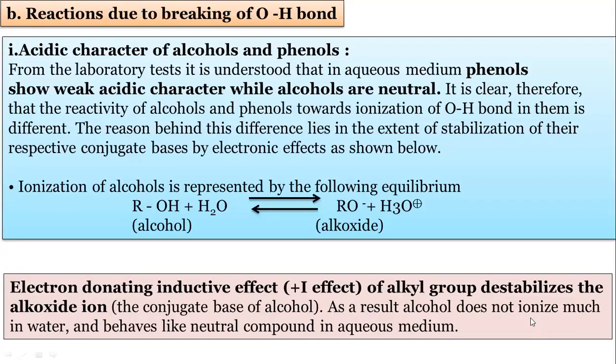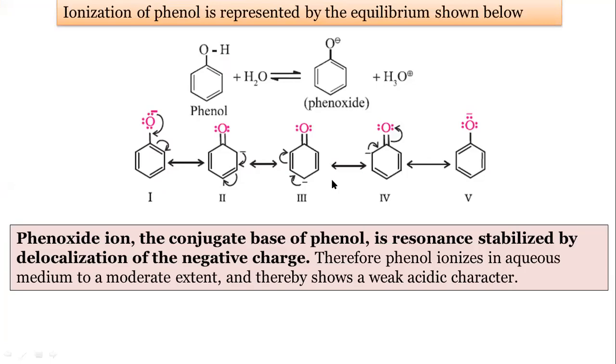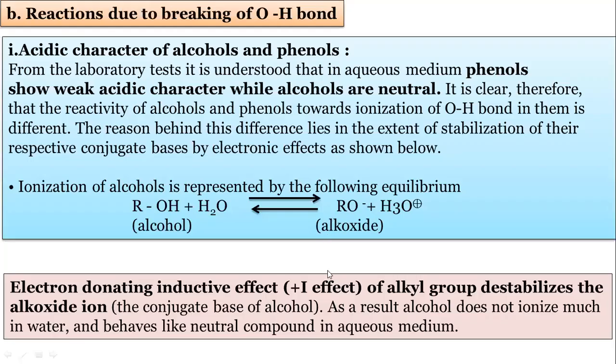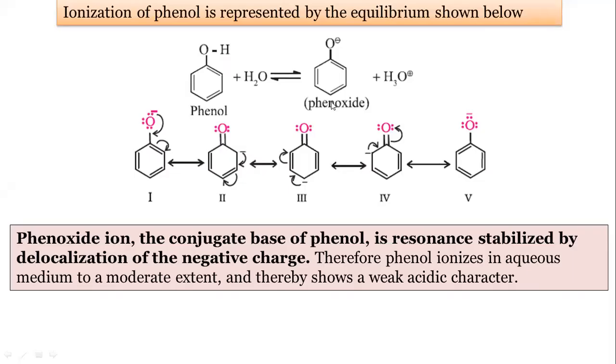This is the difference between alcohols and phenols. Alcohols do not ionize because the alkoxide is destabilized, with no resonance, but the phenoxides are stabilized due to resonance because of the benzene ring.